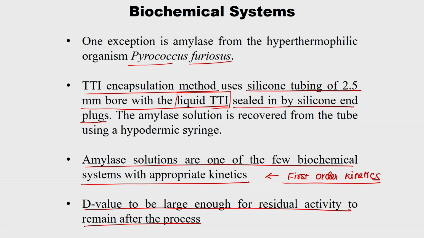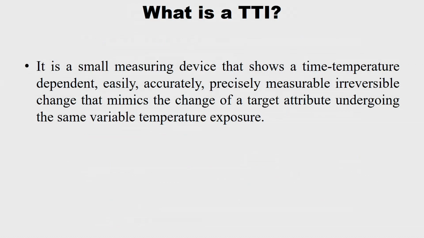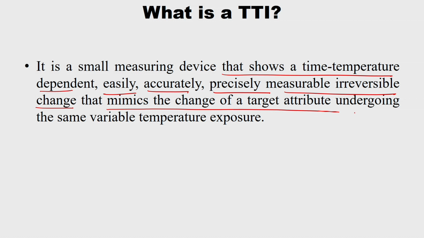So, we said here the TTI, time temperature integrators. Both come under the same category: one is the microbiological spore method and the other the biochemical system, but the biochemical system is most appropriate because it is a small measuring device that shows a time temperature dependent, easily, accurately, precisely measurable, irreversible change that mimics the change of the target attribute undergoing the same variable temperature exposure.